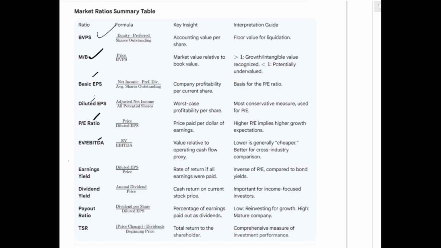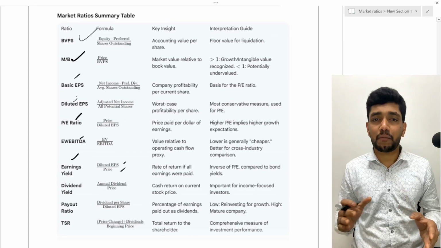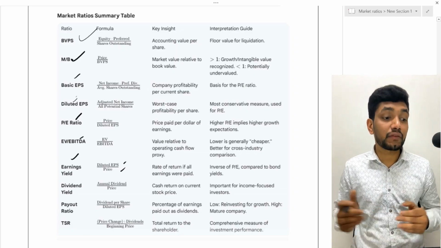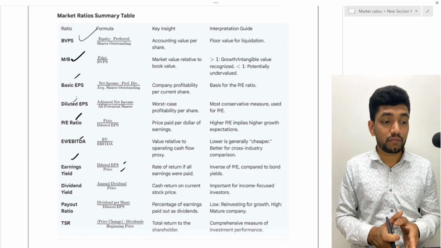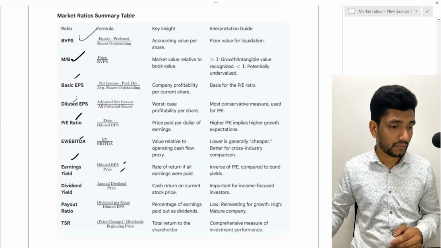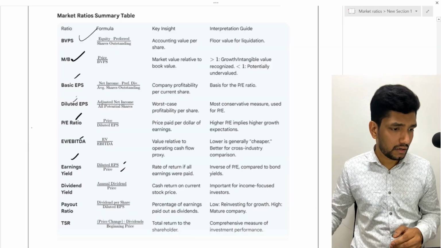Then the earnings yield. Earnings yield means diluted earning per share relative to the price. That means how much a company is earning relative to its market price. Then the dividend yield, how much the company is paying in dividend relative to its market price. Then the payout ratio.